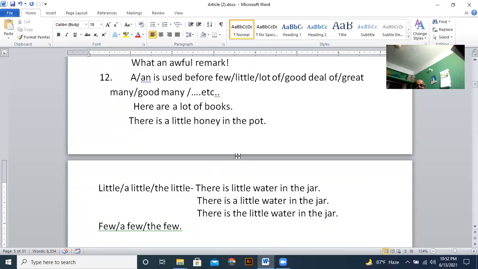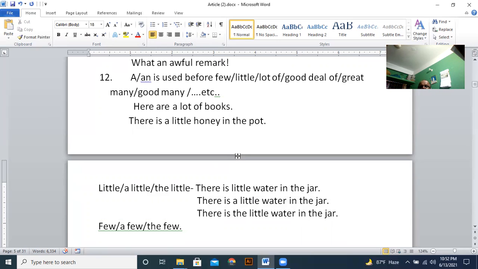There is no little water in that jar. Basically, in the jar, water is so little. But there is a little water in the jar.